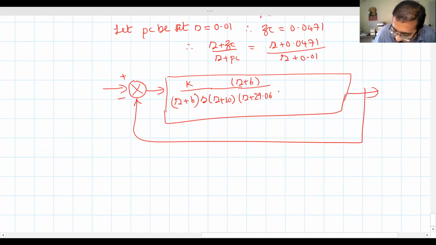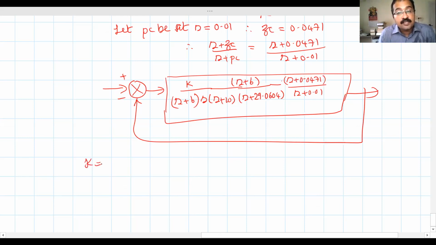And to that we are cascading again the PI compensator, and the PI compensator transfer function is what? S plus 0.0471 divided by S plus 0.01. Okay, this lag-lead compensator closed loop system should give the desired performance specifications. Now what is the unknown here? K. So we have to calculate the K value.